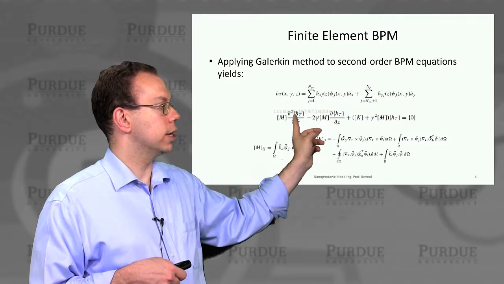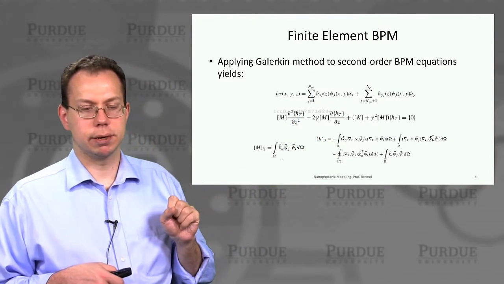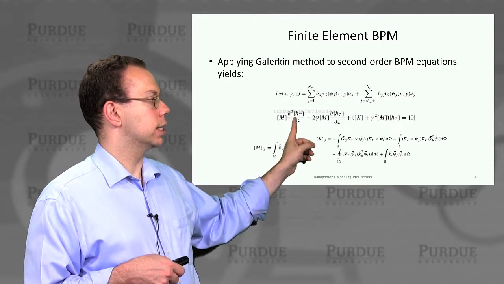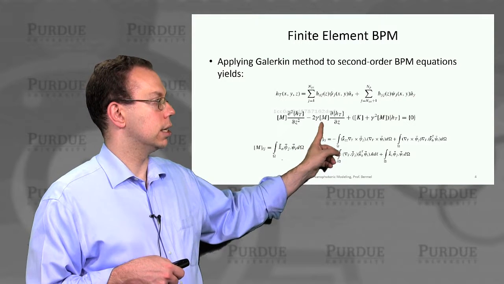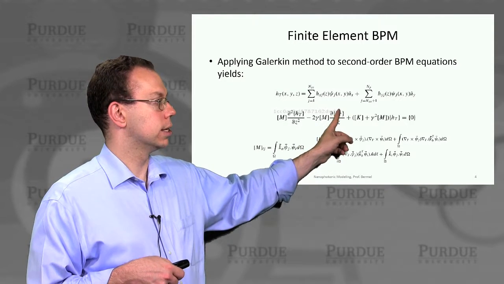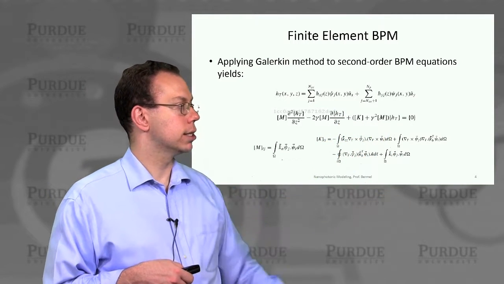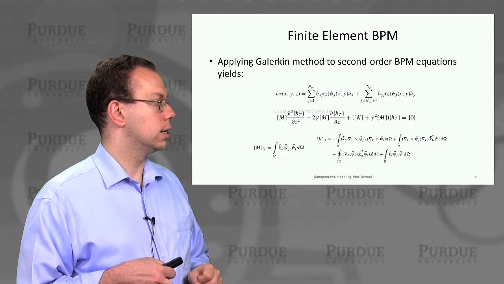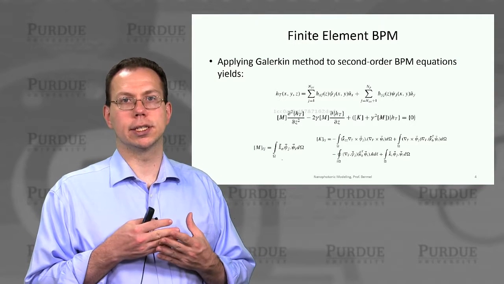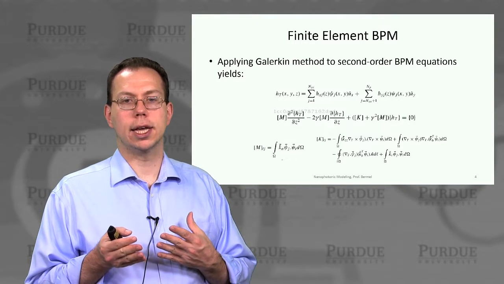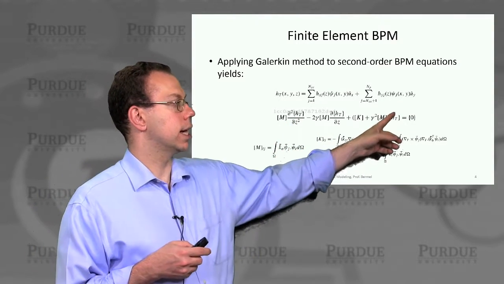That allows us to rewrite the overall set of equations in the beam propagation method as a mass matrix times the second derivative of Ht in the z direction, minus 2 gamma times another mass matrix times the first derivative of Ht in the z direction, plus a spring constant type equation plus gamma squared times M. This is very analogous in many ways to what we saw in the case of the harmonic oscillator, except we have this extra mass matrix. And then we set that equal to 0.